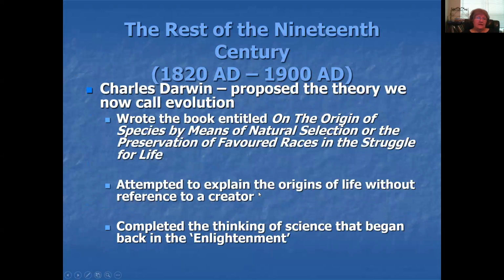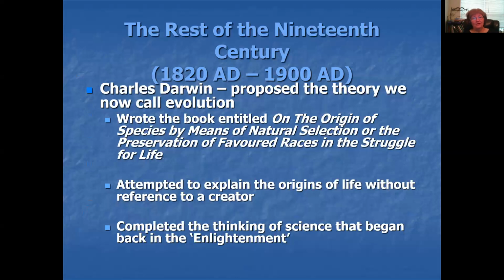All right, the rest of the 19th century, up to the 1900s. Charles Darwin. He was the one who proposed the theory we now call evolution. Now, remember way back, we had an ancient scientist who also said we don't need a creator, right? Remember I said it started way back then. Darwin is the first one that kind of put it all together and published it in a book.